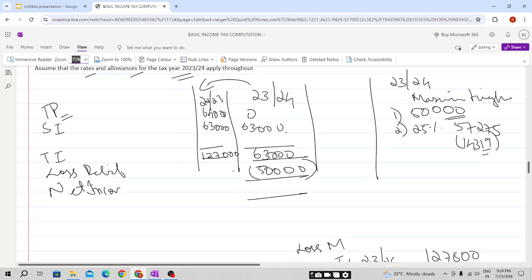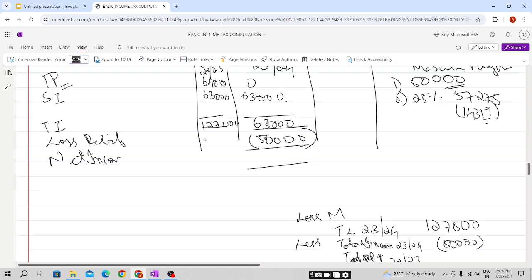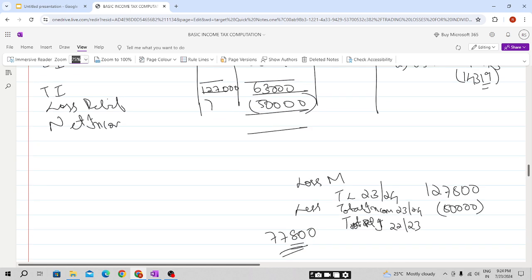So first it will reduce the trading profit and this. So here we will claim the loss relief of 77,800. I hope this is clear, students. 77,800, because the relief is available for more amount, but the loss remaining is less.